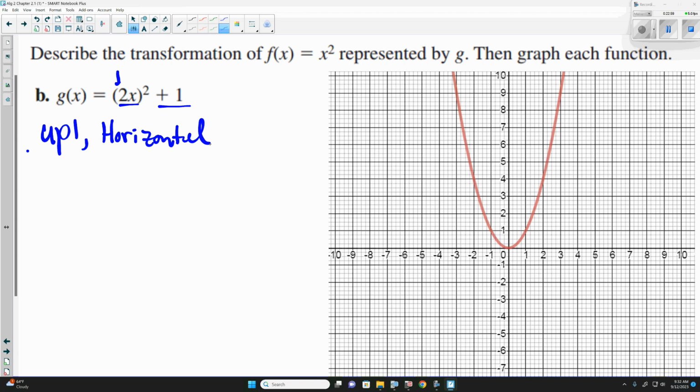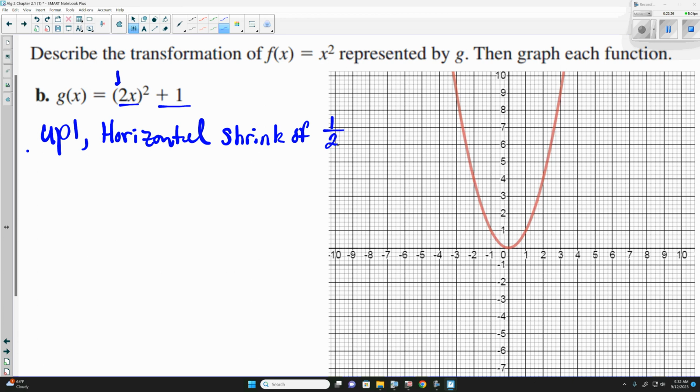Yes, inside the parentheses is still opposite of what we think, because with 2x, that 2 looks like it should be a stretch, yes? But it's not a stretch, it's a shrink. Horizontal shrink of 1/2. Well, you have to flip it.